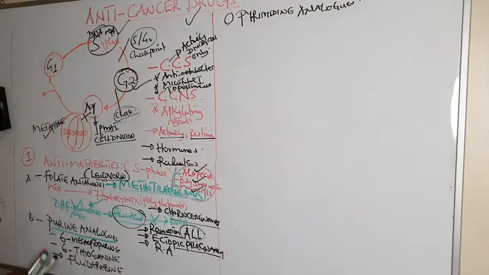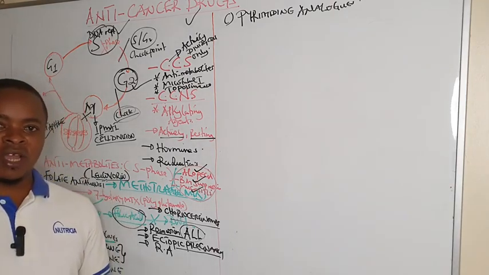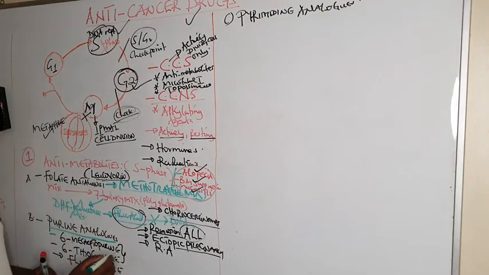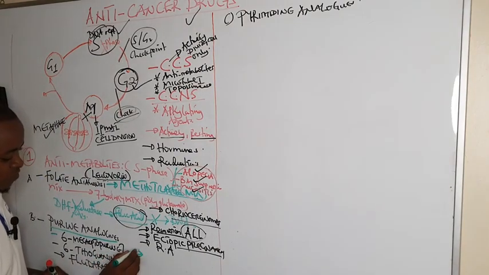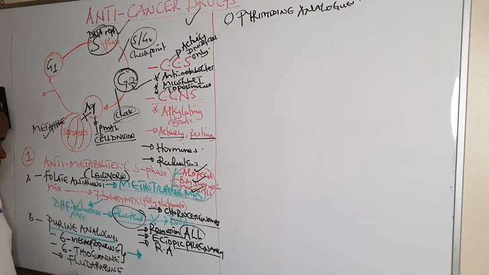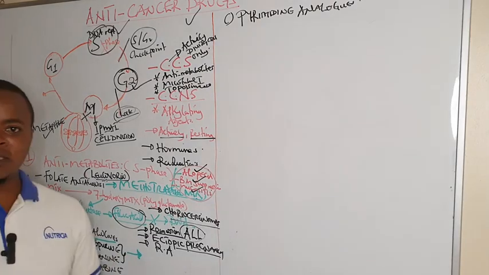These purine analogs are prodrugs. For example, 6-mercaptopurine and 6-thioguanine are converted into their active metabolites, forming triphosphates.